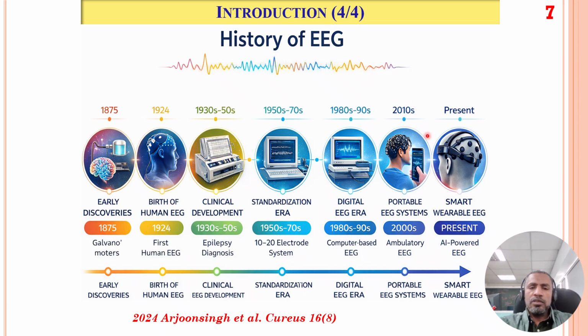In the 2010s, this type of EEG was very portable, easily handled, and we call it ambulatory EEG. Nowadays, these EEG devices are easily wearable and portable for users. These smart wearable EEGs have AI integrated, and use Wi-Fi and Bluetooth.